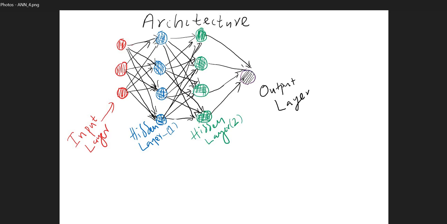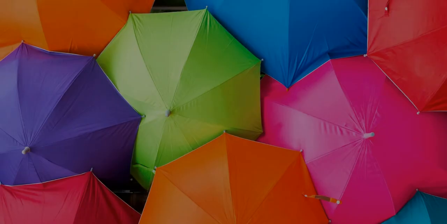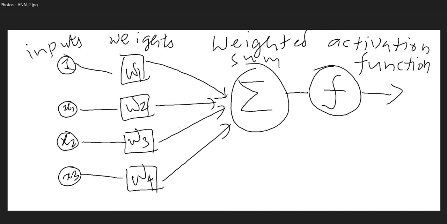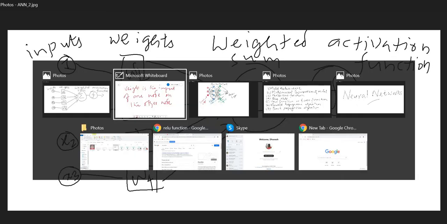For that node alone, I am drawing the architecture. It has different inputs from the input layer and different weights from the previous nodes.